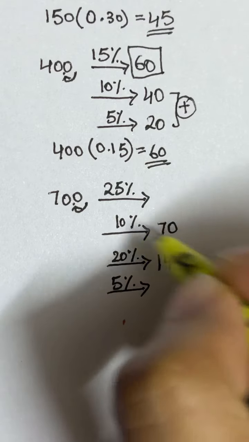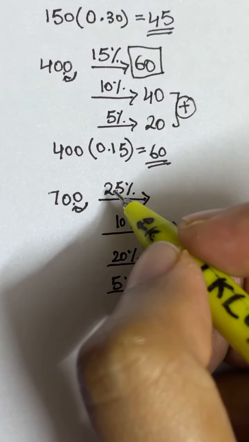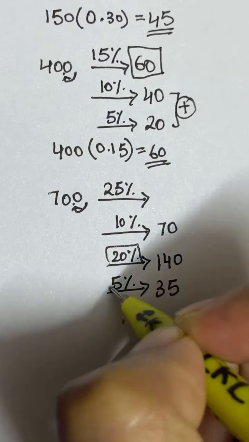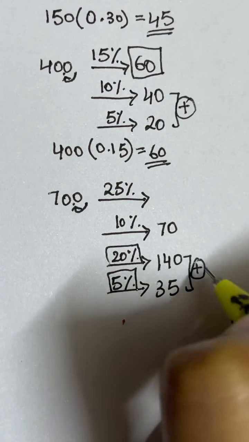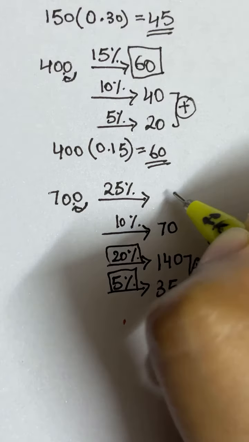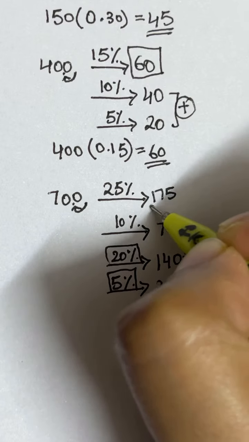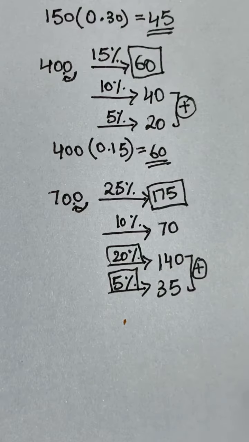How amazing. Half of 70 is just 35. And now if I want to have 25%, I just have to add 20% and 5%. That means 140 plus 35. That gives me 175. 175 is 25% of 700.